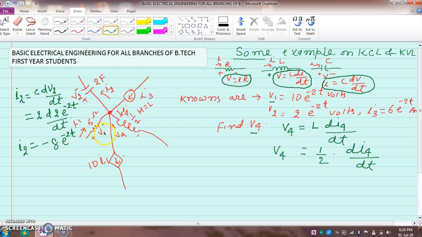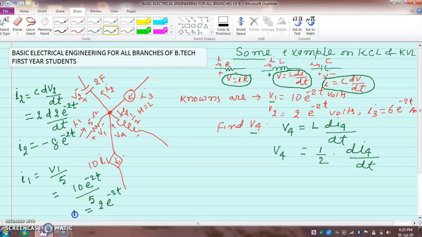Now V1 is given, so we can find I1 in the resistance using Ohm's law. I1 is V1 by R1, and R1 is 5 ohm. So V1 divided by 5, where V1 is 10 e to the power minus 2t, gives 2 e to the power minus 2t.